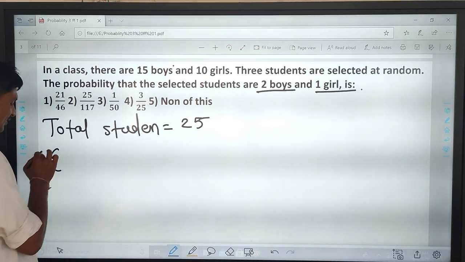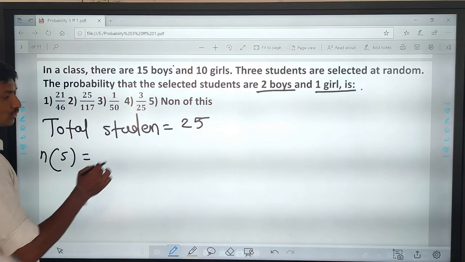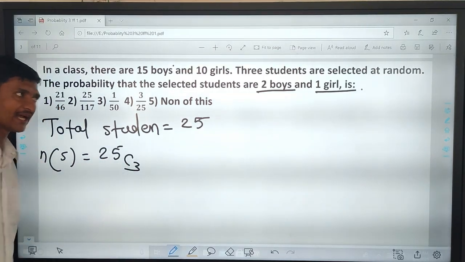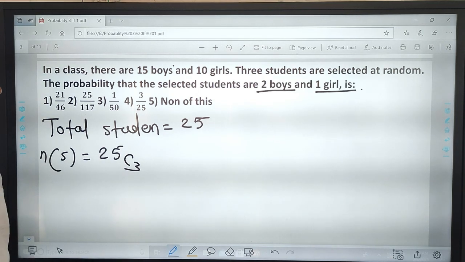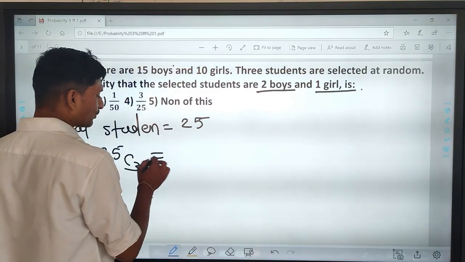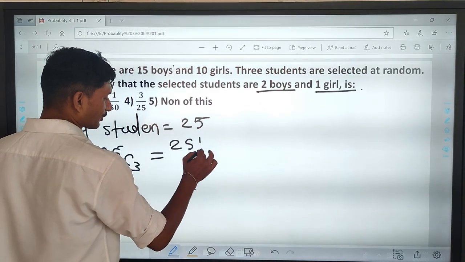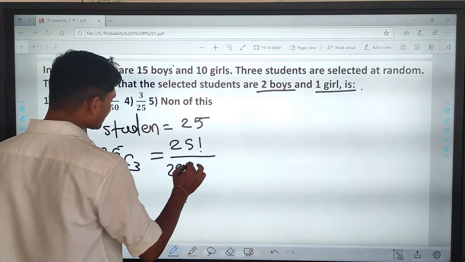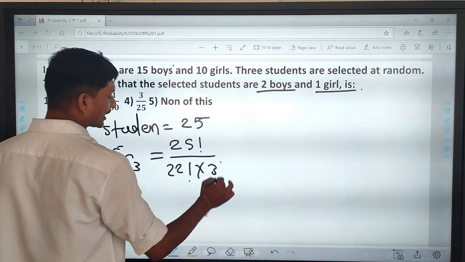Then n of S is equal to, out of 25 students, 3 students selected at random. Then we write 25 factorial divided by (25 minus 3) is 22 factorial into 3 factorial.